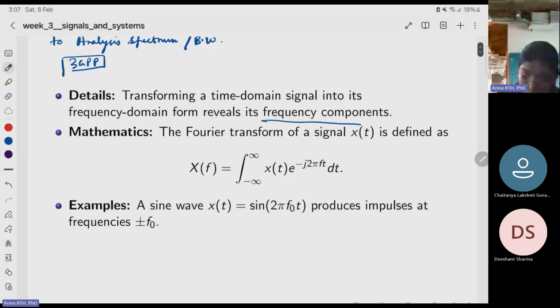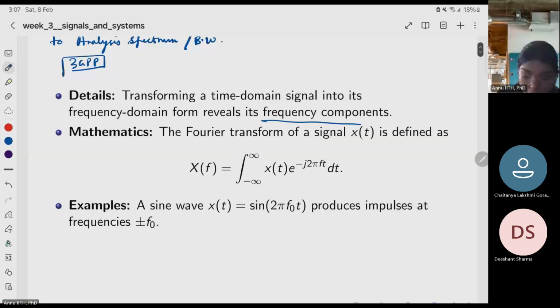A sine wave produces impulses at its frequency. This is the property, and it also provides a way to analyze signals by decomposing them into sinusoidal components.